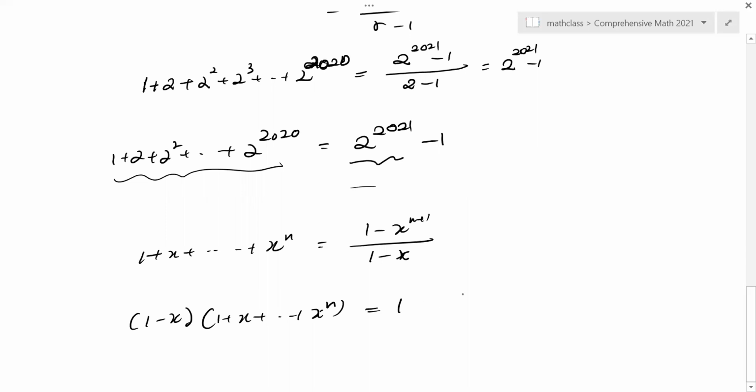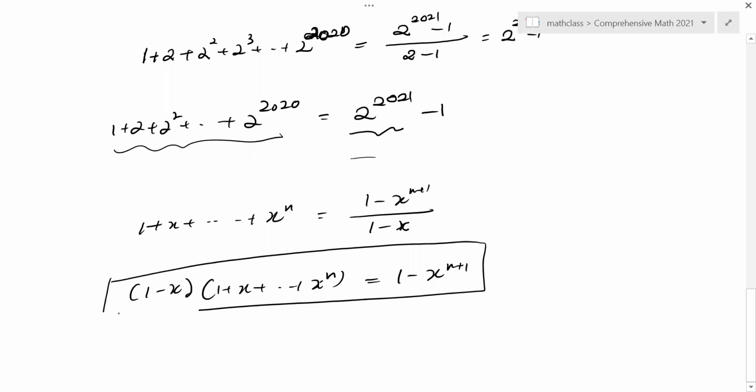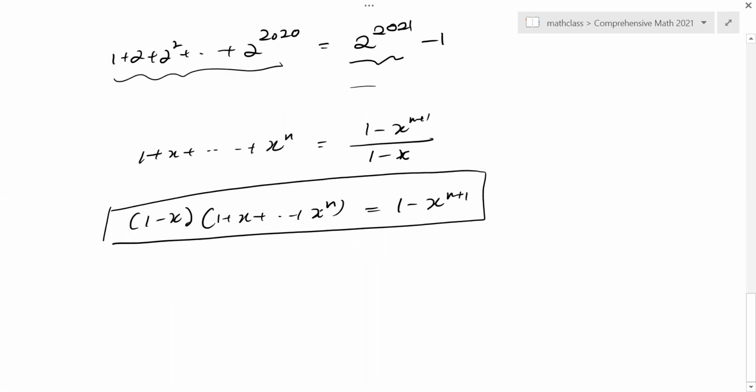And this is another version of the identity. So this is always less than 1, doesn't matter. If x is less than 1, this number is always less than 1, because it's 1 minus x to the n plus 1. From here you can see that.